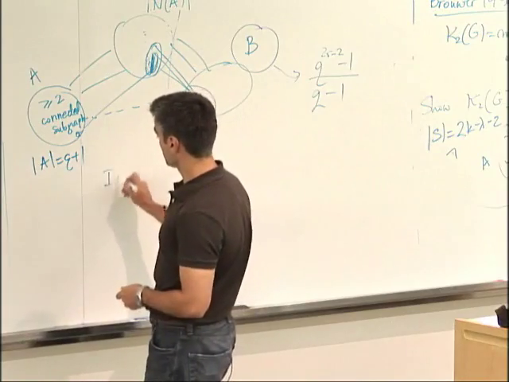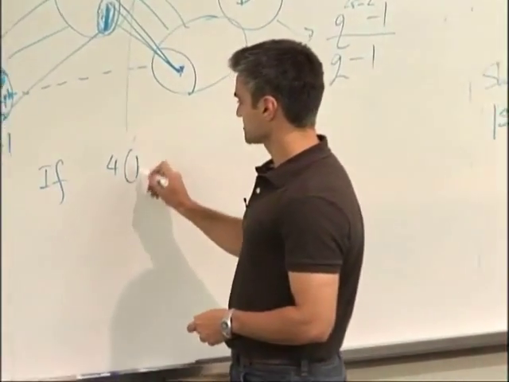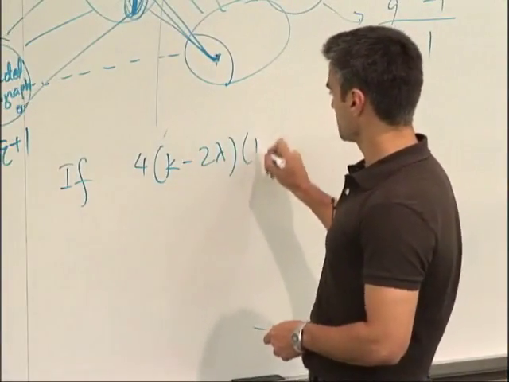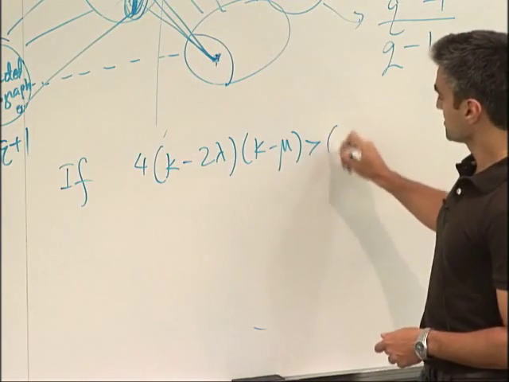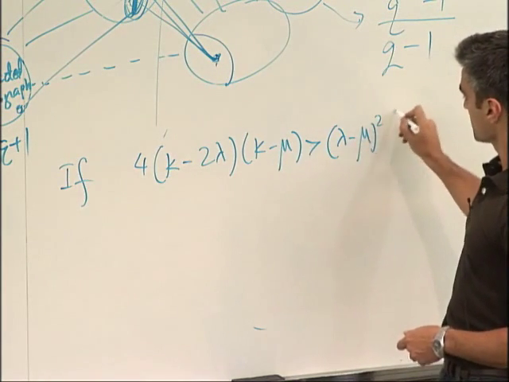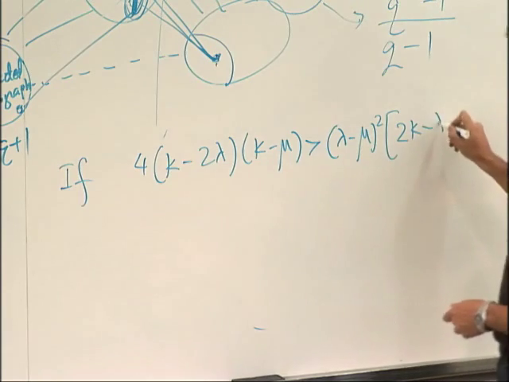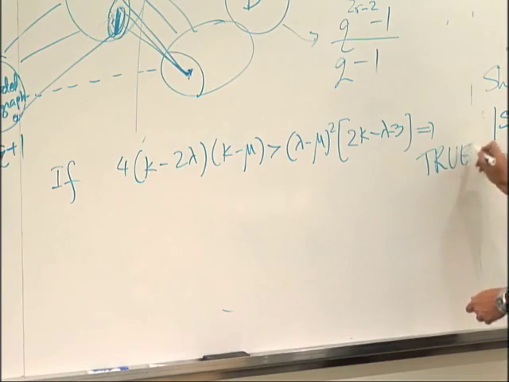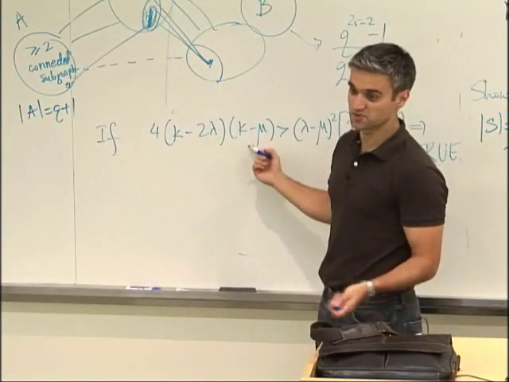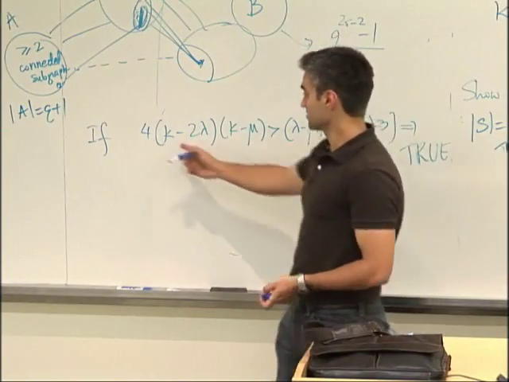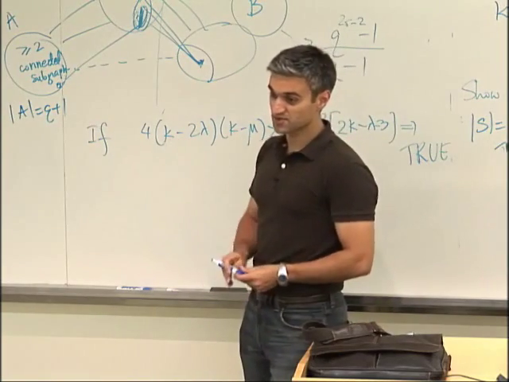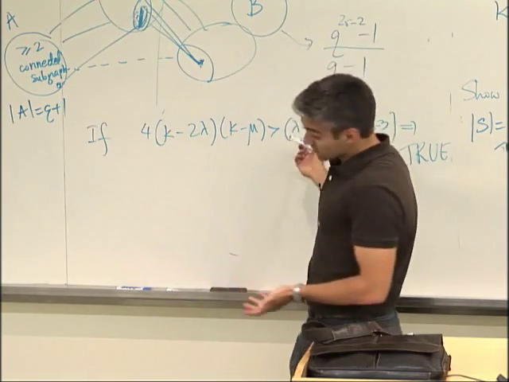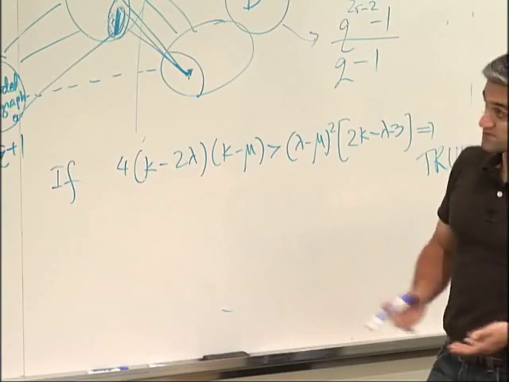Something of the form: if 4 times (k minus 2 lambda) times (k minus mu) is bigger than (lambda minus mu) squared times (2k minus lambda minus 3), then the conjecture is true for that (v, k, lambda, mu). Obviously, you want your k to be strictly bigger than 2 lambda, and if lambda and mu are close enough, then that would work.